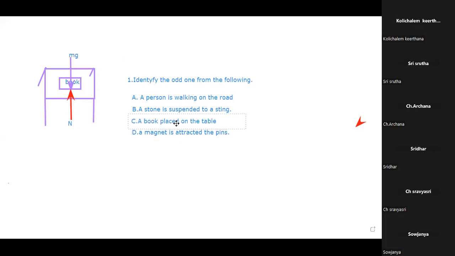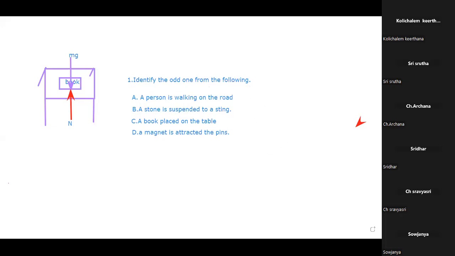Here you observe four situations are given. So identify the odd one from the following.